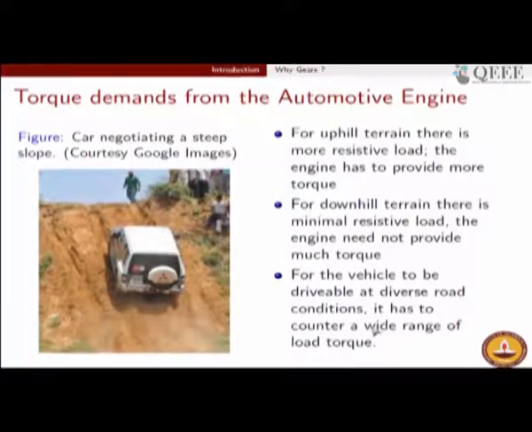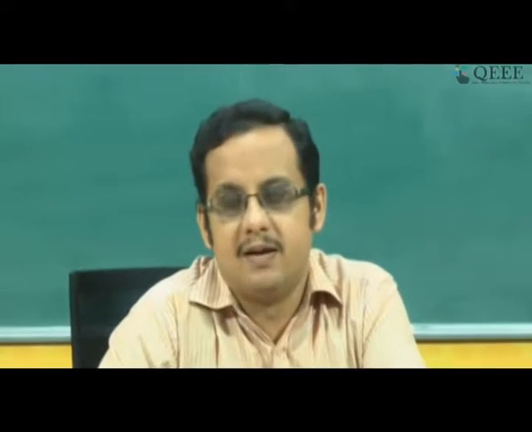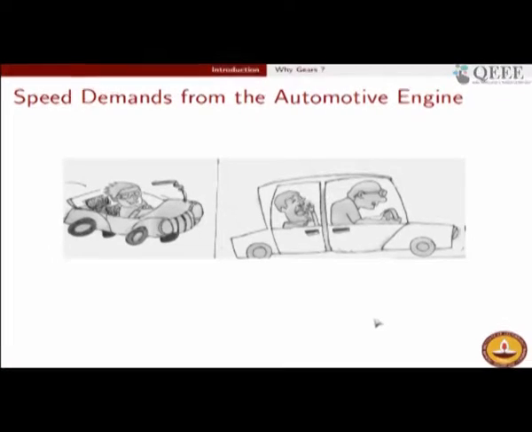This is something that the vehicle manufacturers are aware of, and they have to design their vehicles such that depending upon the diversity of terrain for which this vehicle has to be used, there must be some suitable arrangement by which this diverse torque can be provided by a certain mechanism within the engine, and this happens to be the gear.